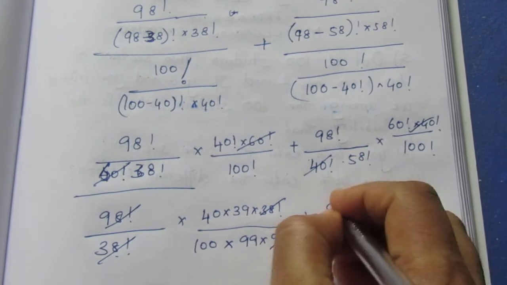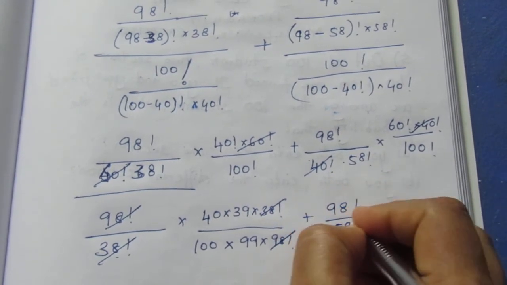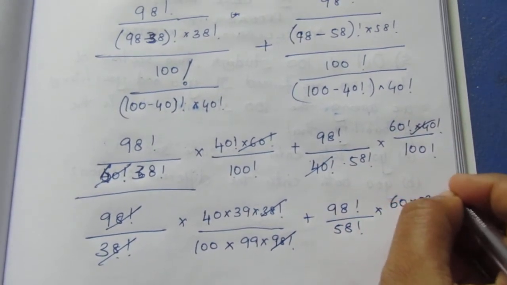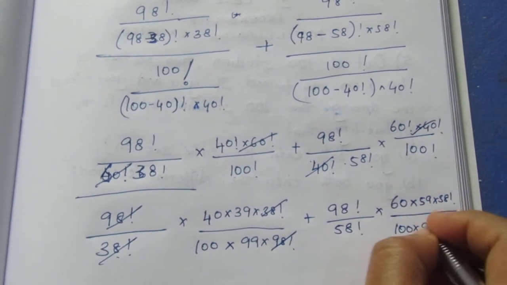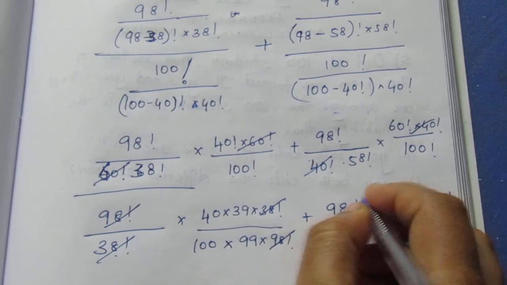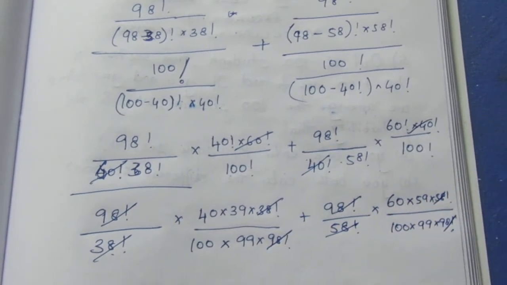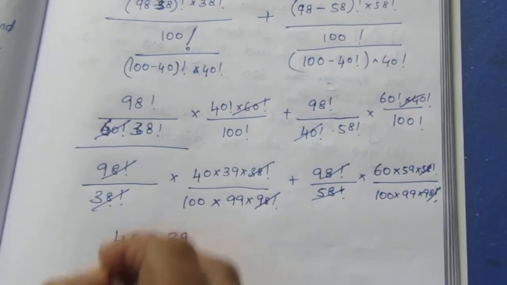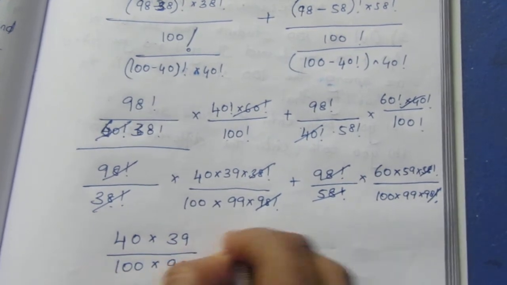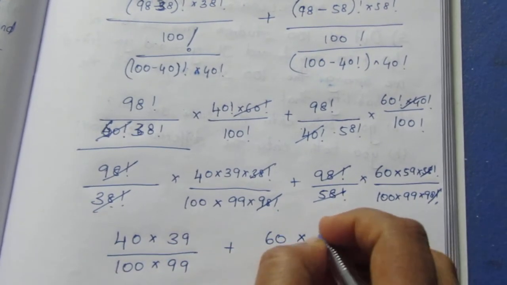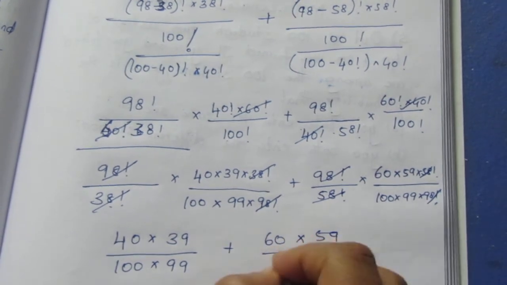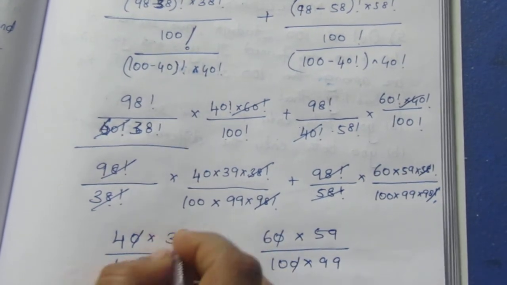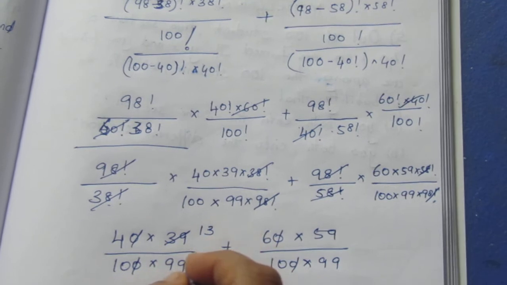Plus, in the same way, keep the smaller as it is and change the bigger number. Here it becomes 60 into 59 into 58 factorial by 100 into 99 into 98 factorial. So 98 factorial will go off and 58 factorial will go off. Here it becomes 40 into 39 by 100 into 99 plus 60 into 59 by 100 into 99. Goes in 3 tables: 3 ones are 3, 3 threes are 9.